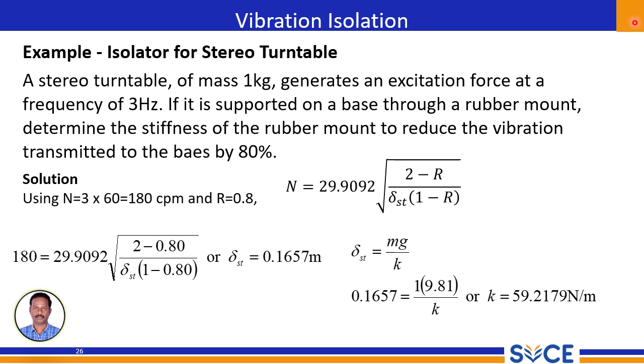Further, using a very simple calculation, delta static equals mg divided by k. Delta static we know from the derivation, mass is given, gravity is 9.81. We can calculate the stiffness from the known values.